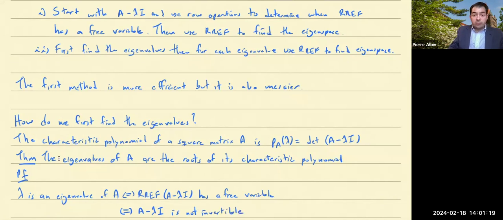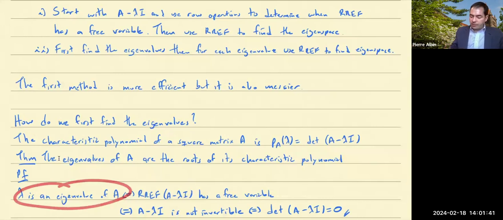We know that it's equivalent because of the method we saw last time for computing the inverse of a matrix using row operations. And we also saw that a matrix being not invertible is equivalent to its determinant being equal to 0. So in this way, we see that being an eigenvalue is equivalent to being a 0 of the characteristic polynomial.